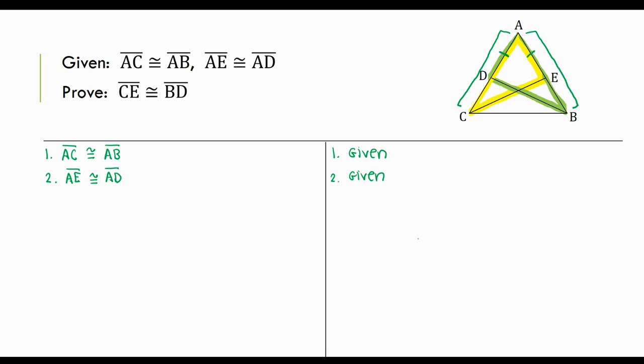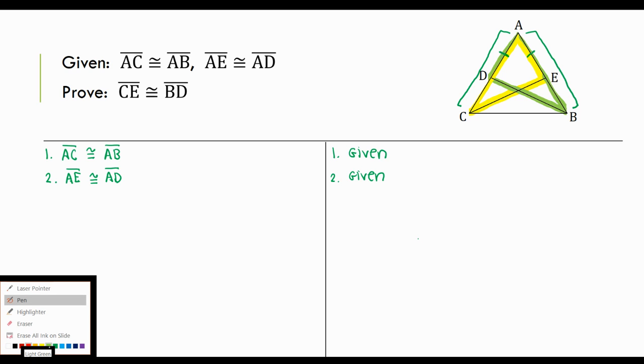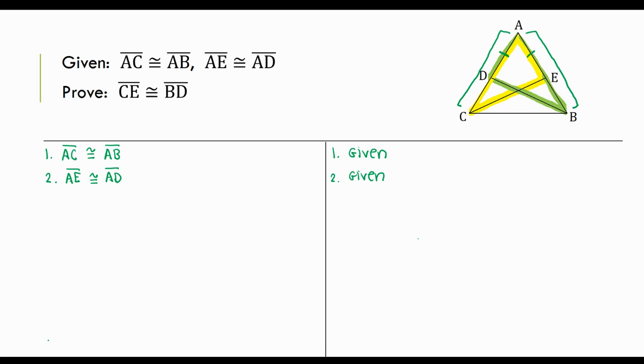I already have 2 sides of the triangles, and because in the very end I want to prove segments, I already have 2 segments marked congruent in the triangles. I want to try to prove the 3rd segment. So we're not going to be getting congruent triangles by side, side, side. So that's nice to know. We're looking for an angle.